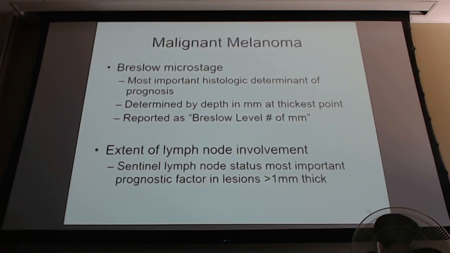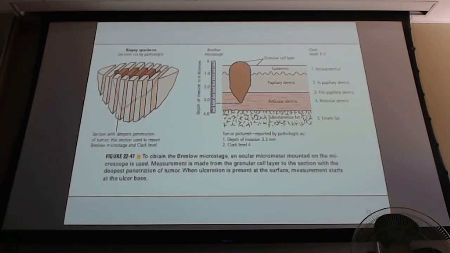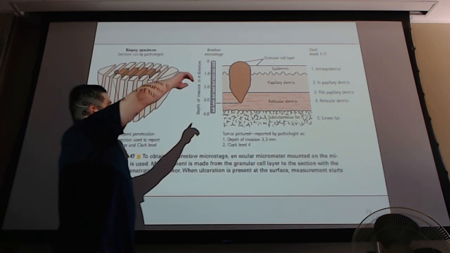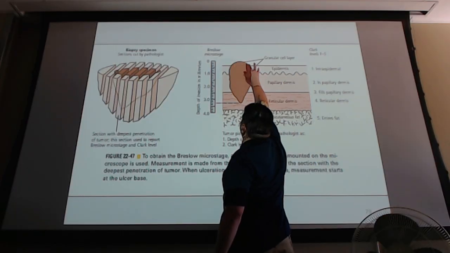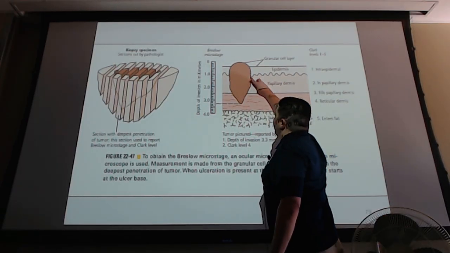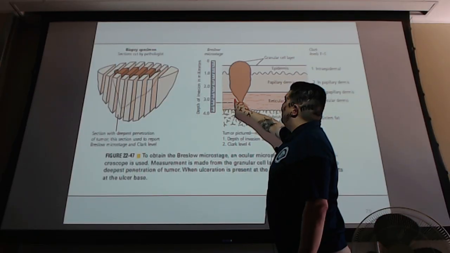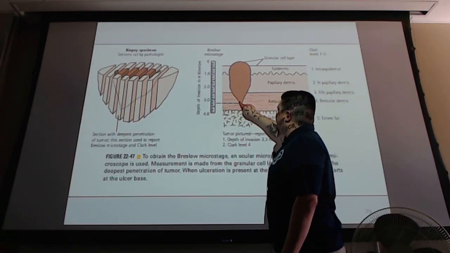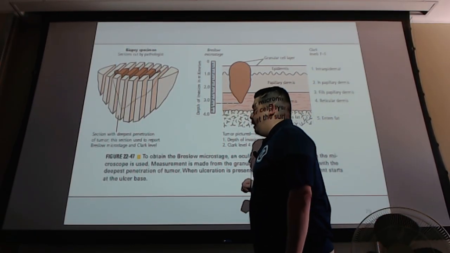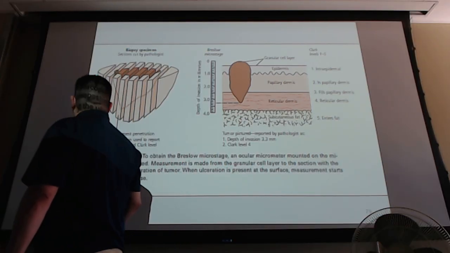Extensive lymph node involvement, sentinel lymph node status, most important prognostic factor in lesions greater than 1 millimeter thick. So what does that Breslow look like? Okay, so we can see this here, how we've got that dome, so we've got the nodule, we've got that stuff up in there, but then it's going to go all the way down, and then it's going to come in here. So we'll take that measurement from it all the way down to that point.